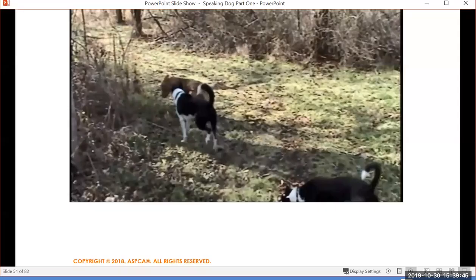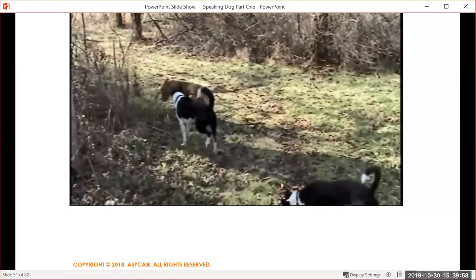His tail is up and curled over his back, very erect. The other dog in the initial part of the video showed that lovely helicopter tail. His tail was just going around and around, indicating a positive emotion, consistent with social behavior, solicitation of interaction.